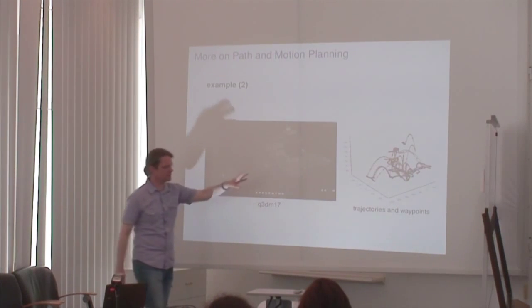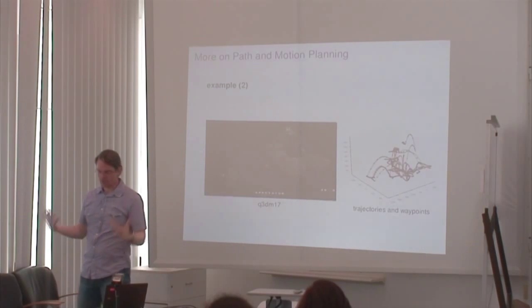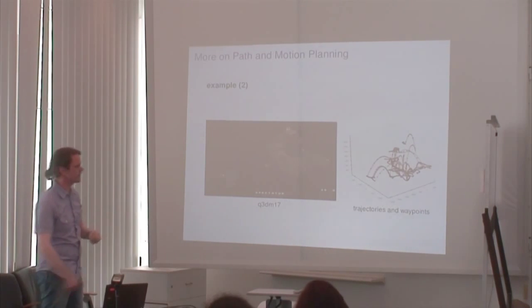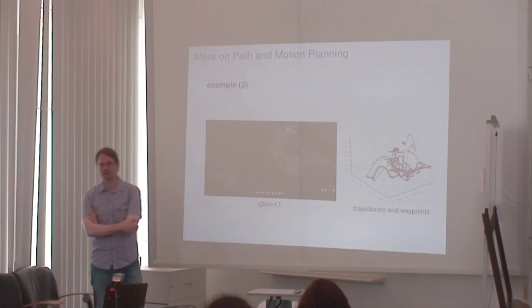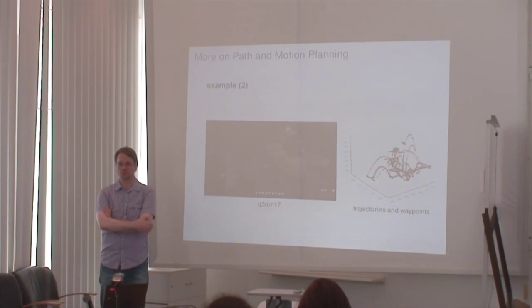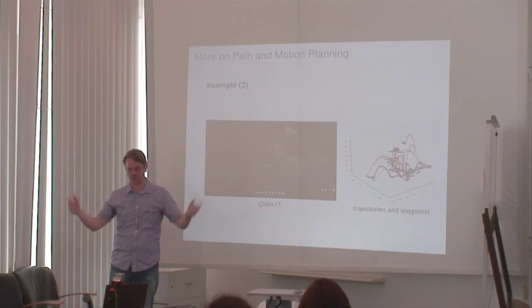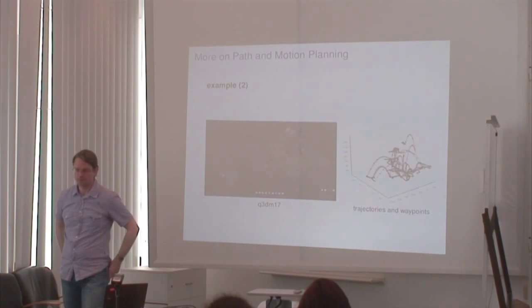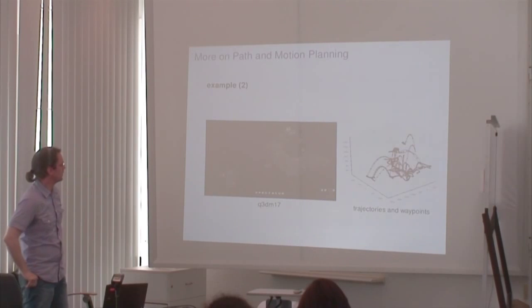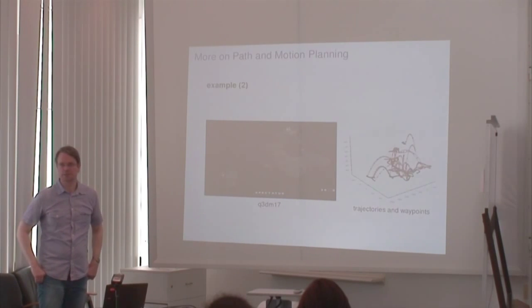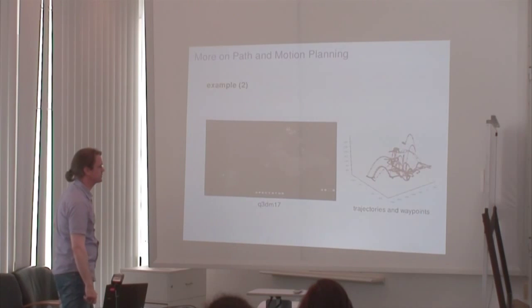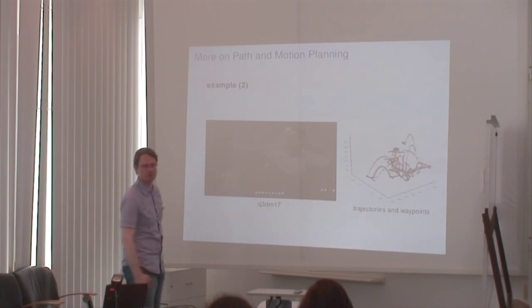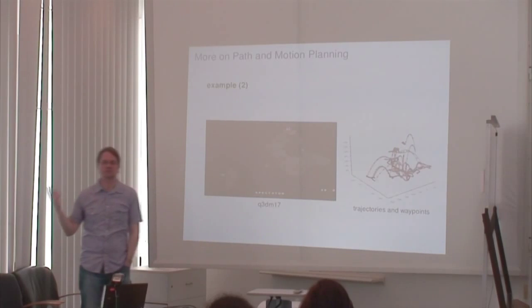Experienced players immediately recognize the geometry of the map just from looking at the spatial arrangement of these red dots. And again, we can cluster them and come up with a waypoint graph of this map automatically. You don't even have to have human designers create these waypoint graphs. We could do that automatically.